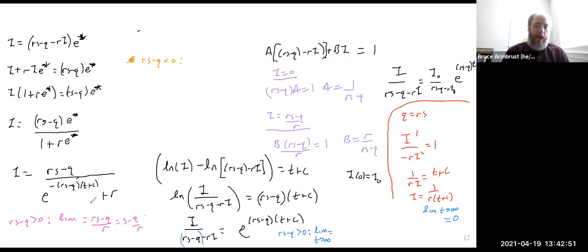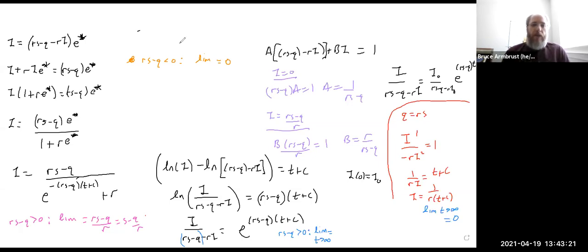RS minus Q then, when I divide by infinity, goes to 0. So you get a very different long-term approach, depending upon which side of RS minus Q you're in, or which side of 0 that's in.